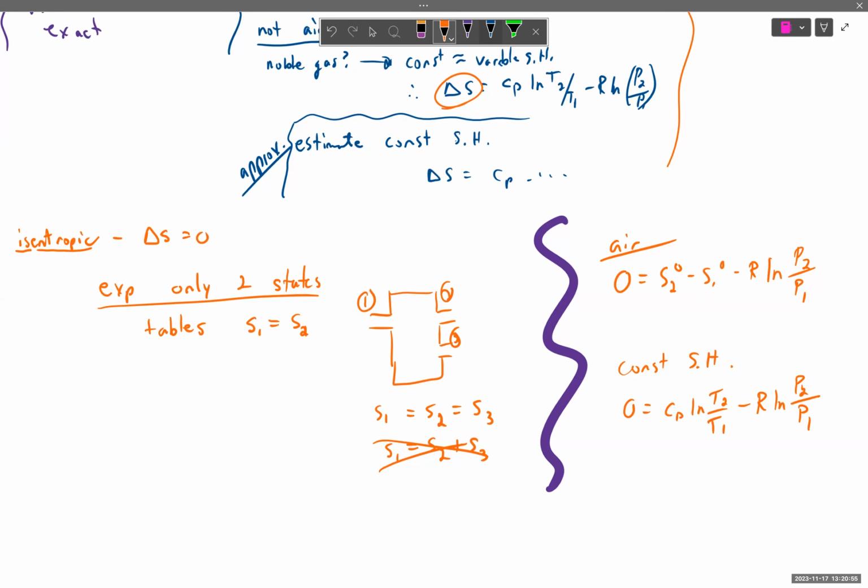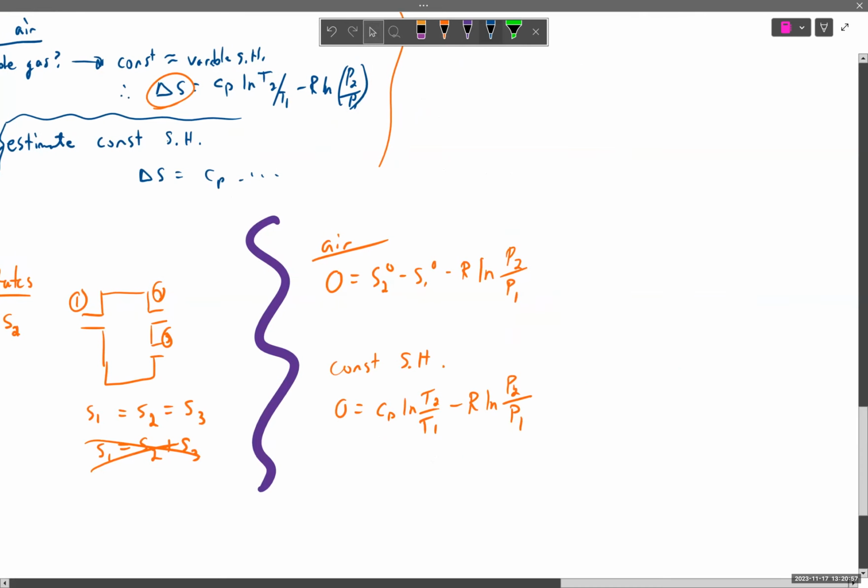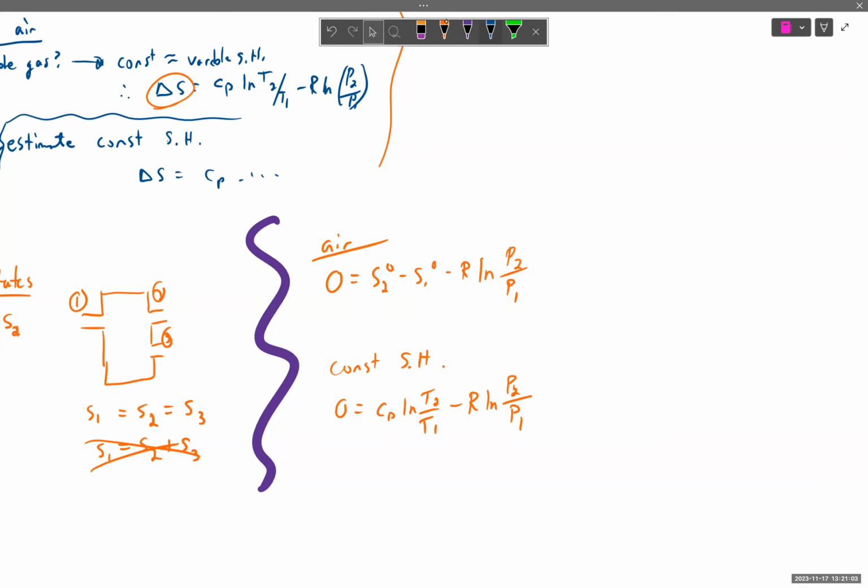And we said for air, one of the neat things that we can do, if it's isentropic, is there's actually a set of data in the table with the R subscript.